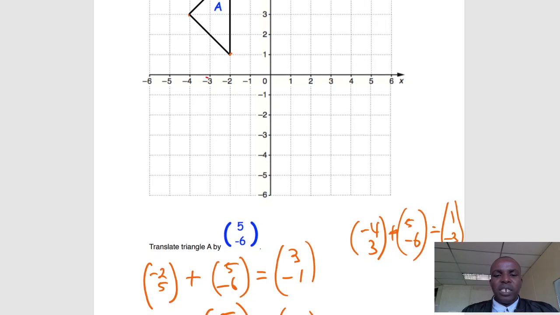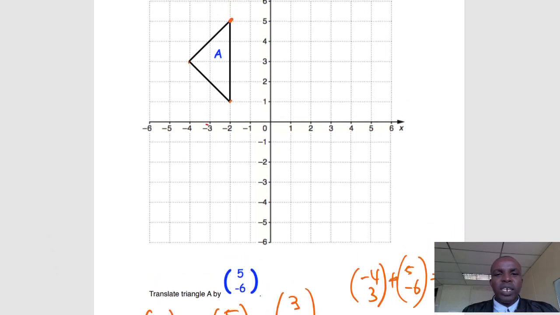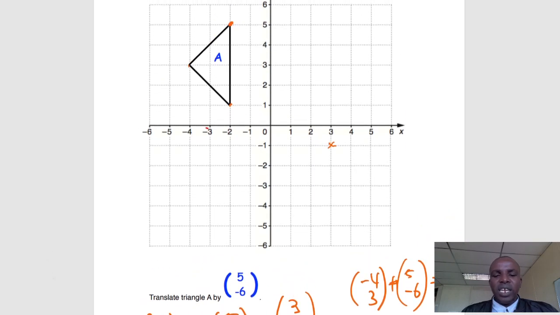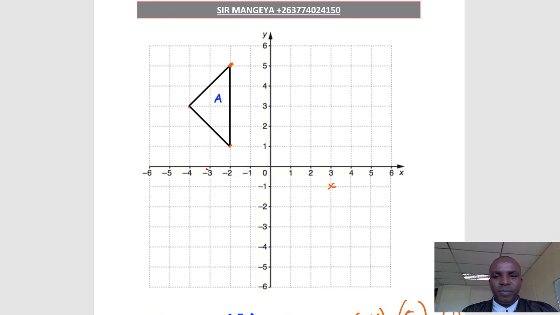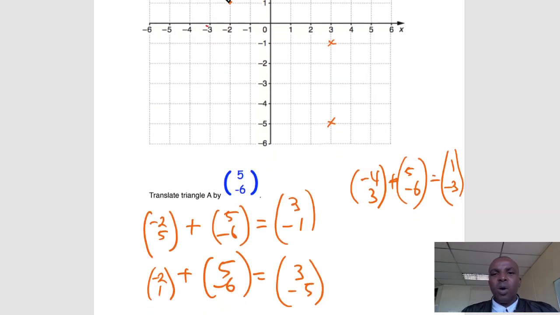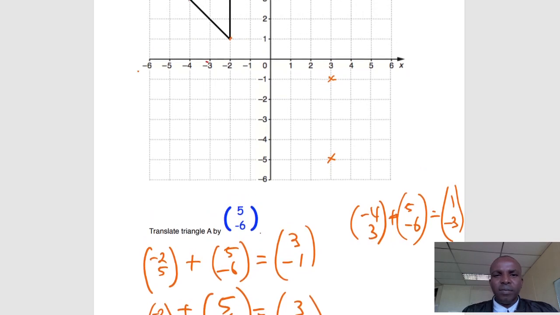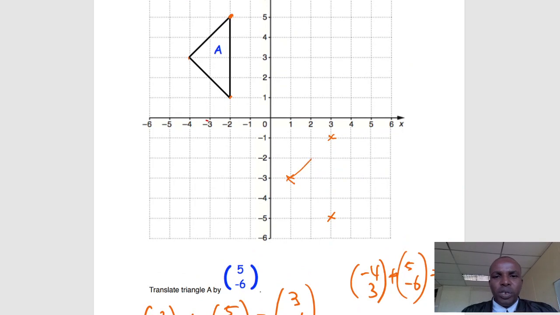Then plot these points now. The first is x 3, y -1. You plot. Next, x 3, y -5, you plot. Next, x 1, y -3, you plot. Then you join the points.